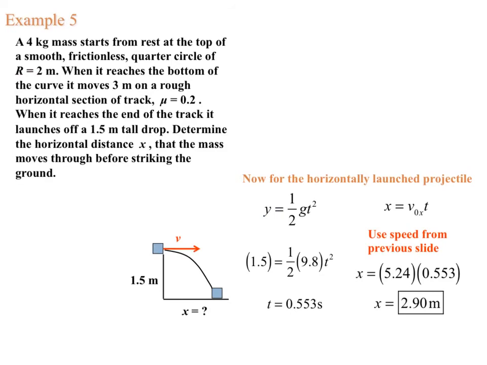Again, the second half of this problem is simply a horizontally launched projectile. So using information that we've previously learned, y is equal to 1/2 gt squared, and x is equal to v naught x, or vx times t. And then we can solve for x, the distance traveled in the x direction.